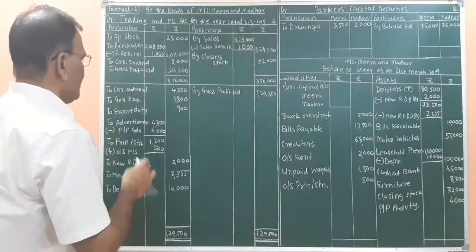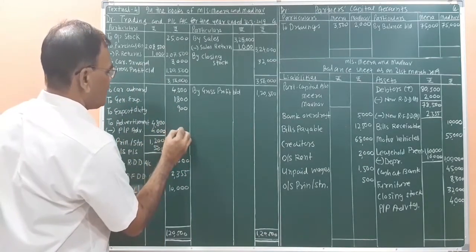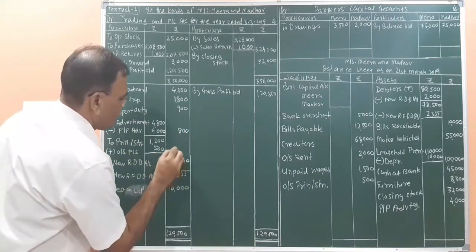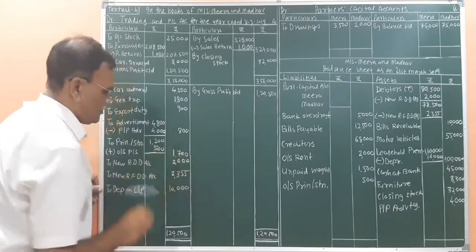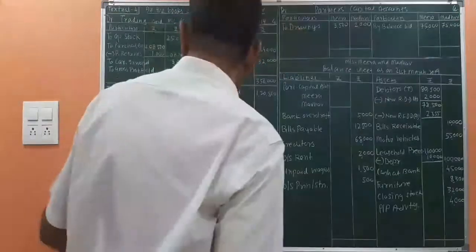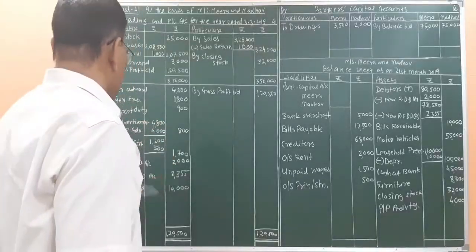And here advertisement outer column is 800, printing and stationery 1,700. If you subtract the debit side from the credit side, all the totals are casted out.